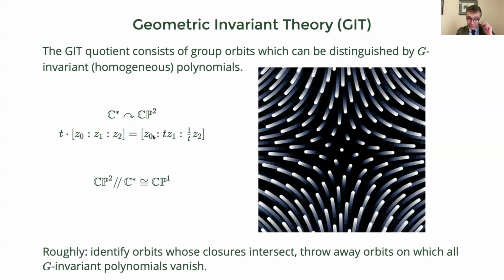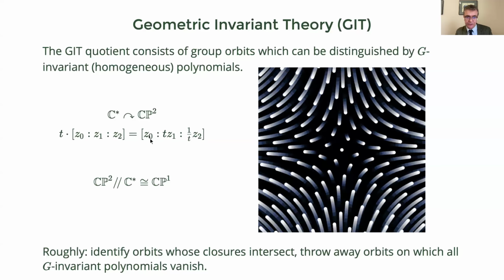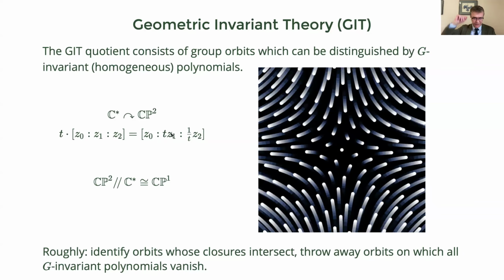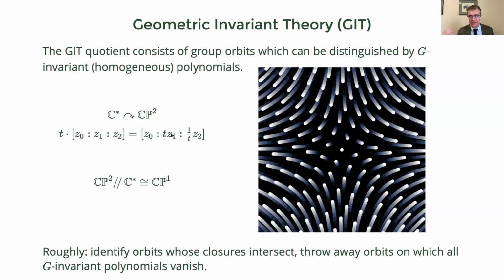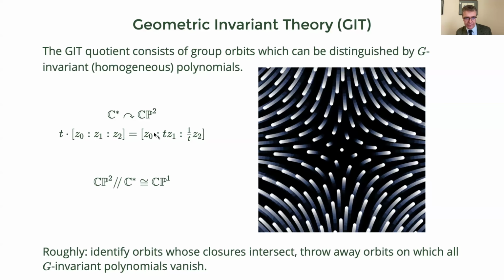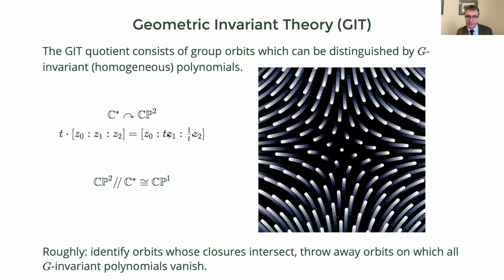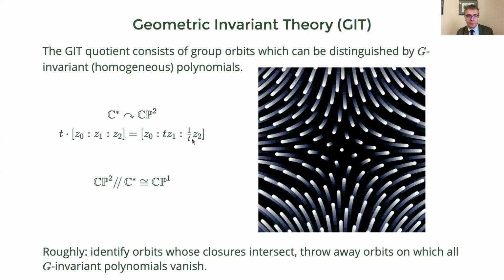Another bad thing that can happen is, for example, if z1 is 0 and z0 is 0 and z2 is 0, then you get points that you have to throw away because they can't be seen by invariant polynomials. So the invariant polynomials in this case are generated by z0 and z1 times z2. Because if you take z1 times z2, then the t's cancel, and that's going to be invariant under this group action.